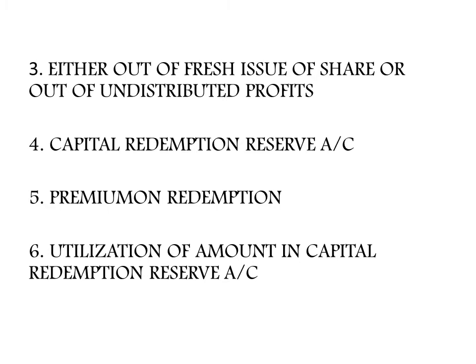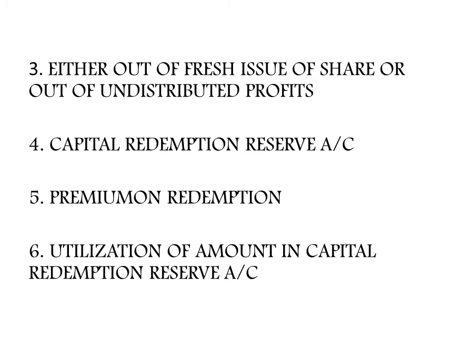Next, fourth condition. It says that when they are going for undistributed profits, for that case they have continued. The section 55 has given one additional information.